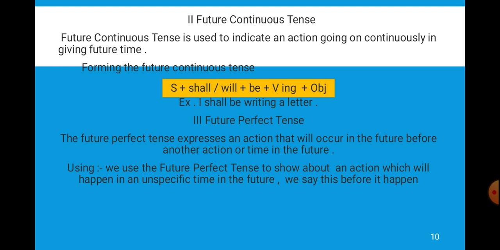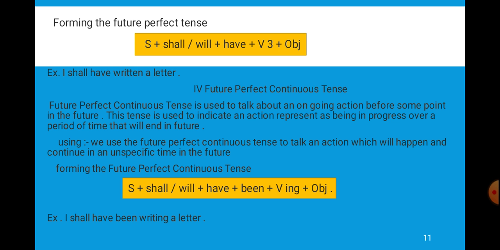We say this before it happens. Forming the future perfect tense: subject plus shall or will plus have plus verb third form plus object. Example of that tense: I shall have written a letter.